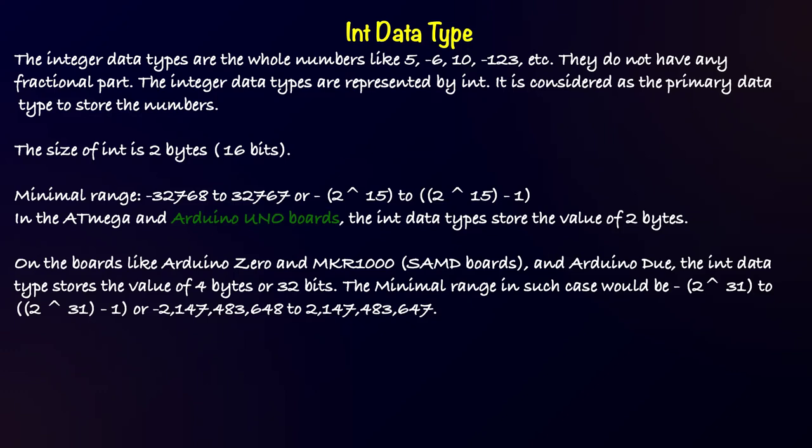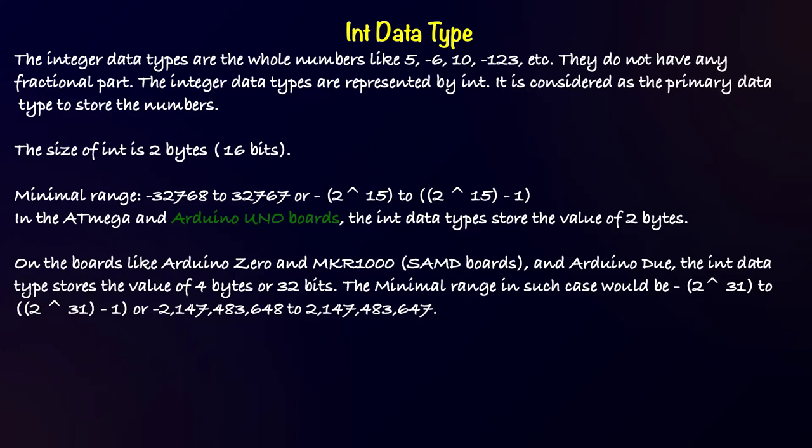Now, on boards like Arduino Zero, MKR 1000 SAMD boards and the Arduino Due, the int data type stores the value in 4 bytes or 32 bits. There the minimal range would be -2 to the power 31 to 2 to the power 31 minus 1, or -2,147,483,648 and so on. So this is the basic difference in the int data type between a few types of boards.